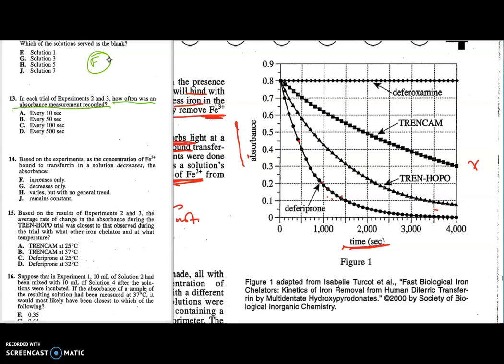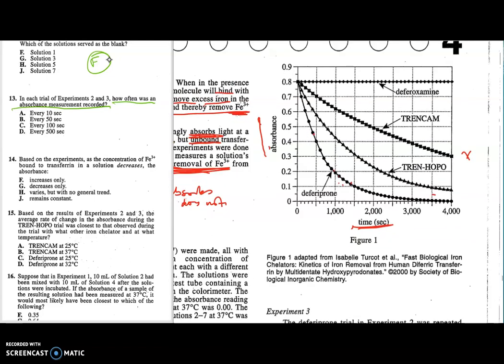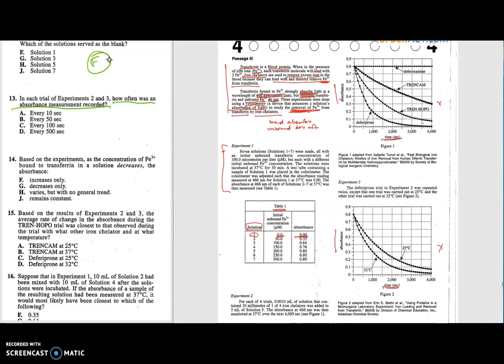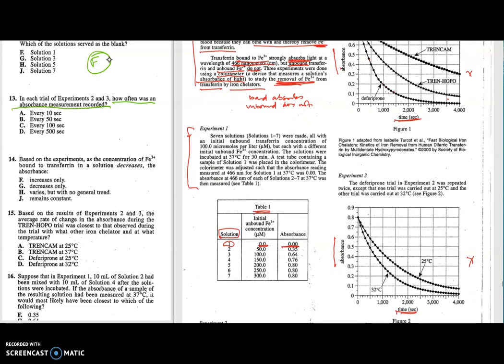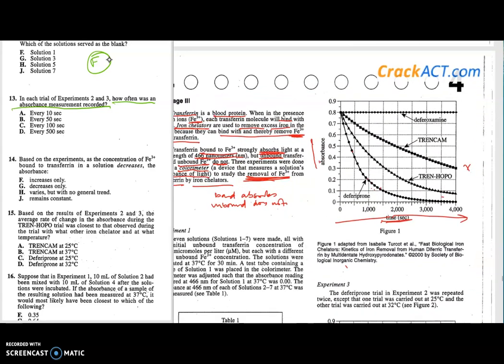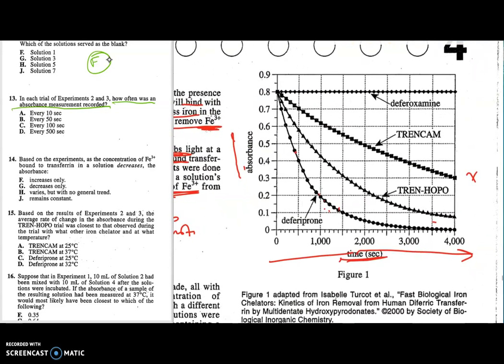They are there to say this is when a measurement was taken. So what we have to find is how often. We know that the figures are the same, I checked that before. It's the time in seconds, so it's a time thing. That's 0 to 4,000, and that's 0 to 4,000. So whatever we find in experiment 2 will be the same for experiment 1. We have 1,000 seconds here and 0 seconds here, so this is going to be 500, and we've got 1, 2, 3, 4 in between.